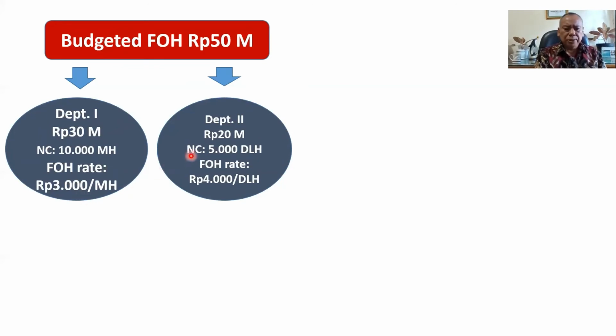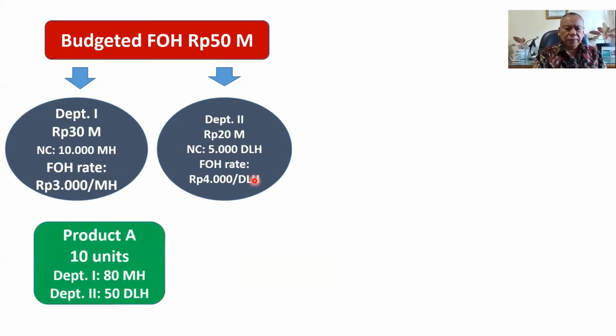For department 2, 20 million divided by 5,000 direct labor hours, so we find the factory overhead rate 4,000 per direct labor hour. And then after we find the factory overhead rate, we can assign the departmental costs to each kind of the products.